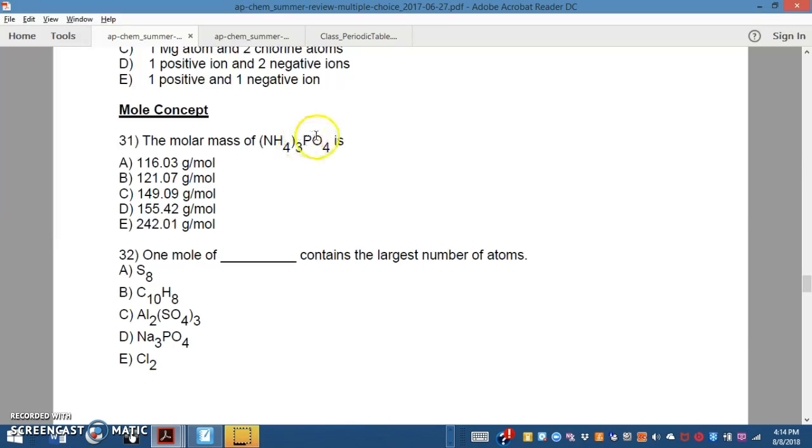And then you have 3 of the H's, but you have 12 in all, so that would be plus 12. And then you have phosphorus to take care of, you only have 1, so plus 31. And then you have 4 of the oxygens, so you have plus 4 times the 60, which is the mass of your oxygen, for a total of 149. So C is your choice.